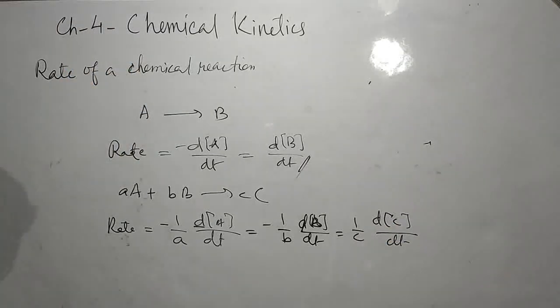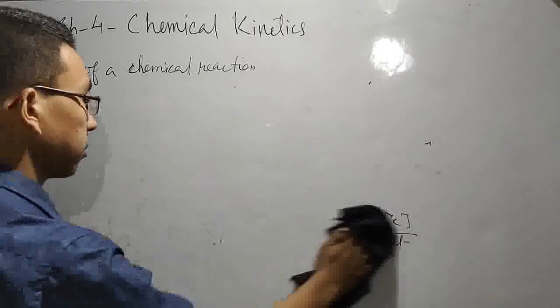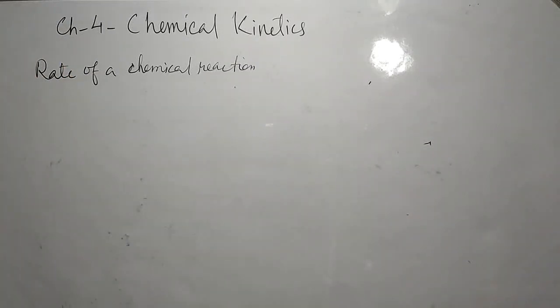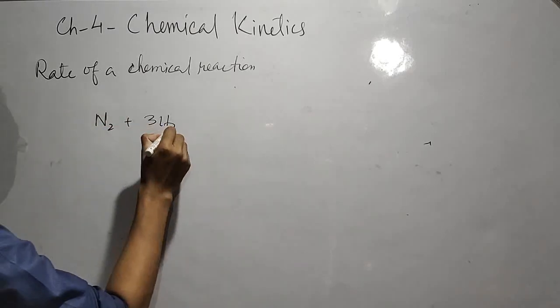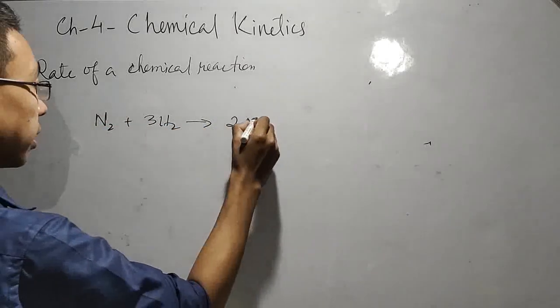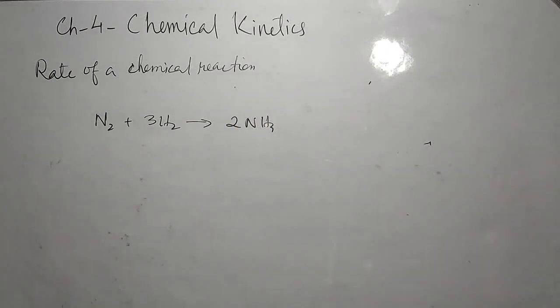This is how we represent the rate. Now I want you to try one problem. The reaction is N2 plus 3H2 gives 2NH3. Find the rate, or the instantaneous rate, for this particular reaction.